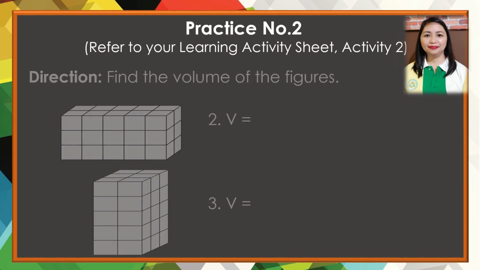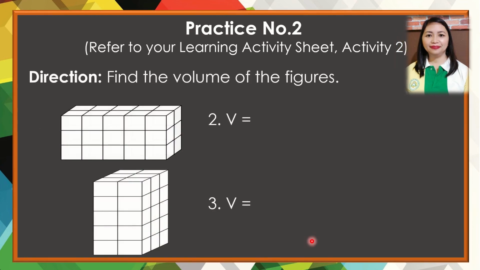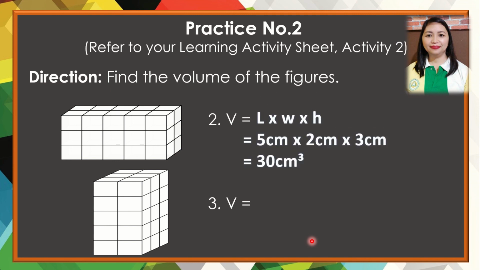Okay. Let us go to number 2 and number 3. Find the volume again of the figures. So for number 2, length times width times height again. 5 centimeters times 2 centimeters times 3 centimeters equals 30 cubic centimeters. Correct. Number 3.